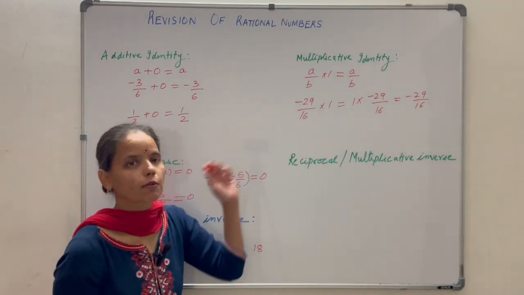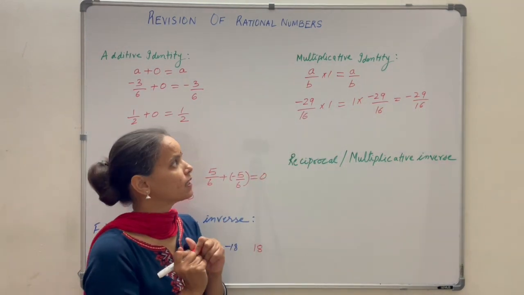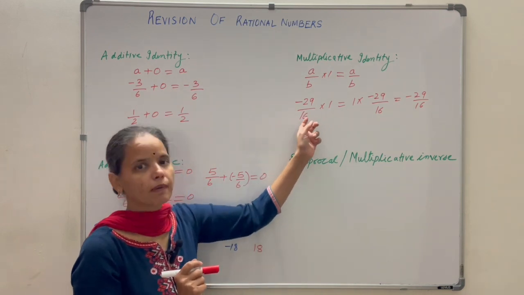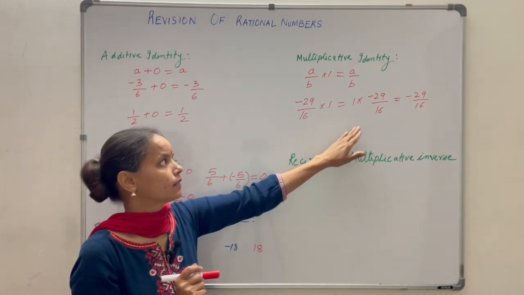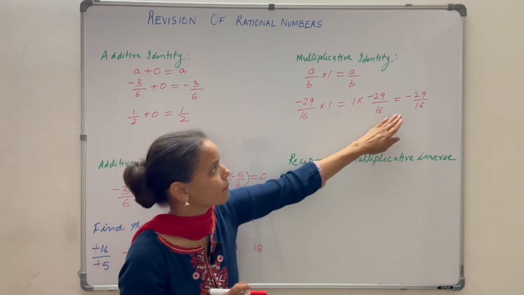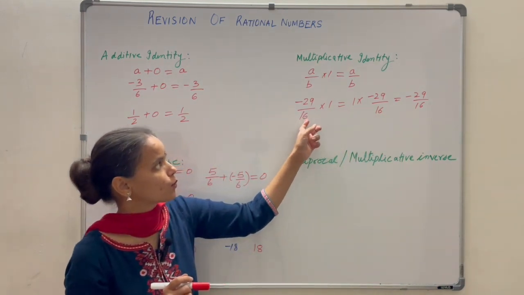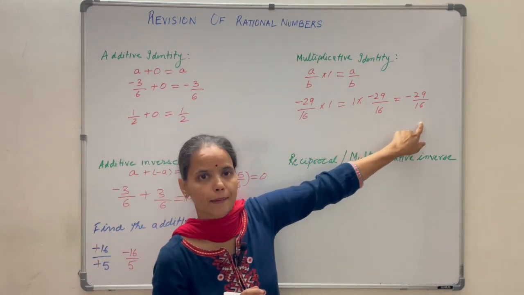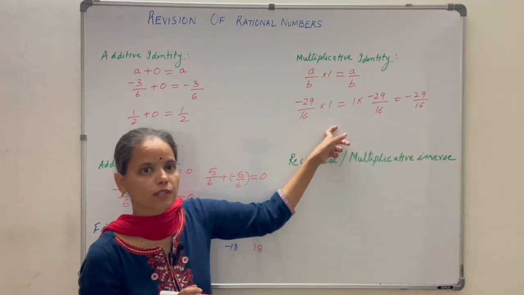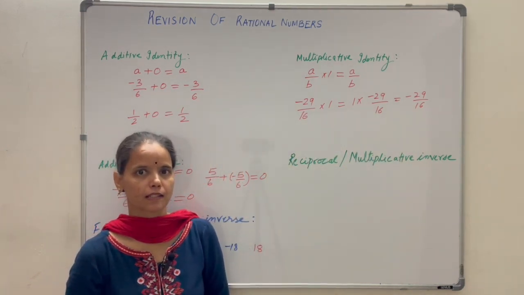So which property is used here? You can clearly see that one is the multiplicative identity. That is how you are getting the same number. When you multiply 1 to any number, you get the same number. So which property we have used here? One is the multiplicative identity.